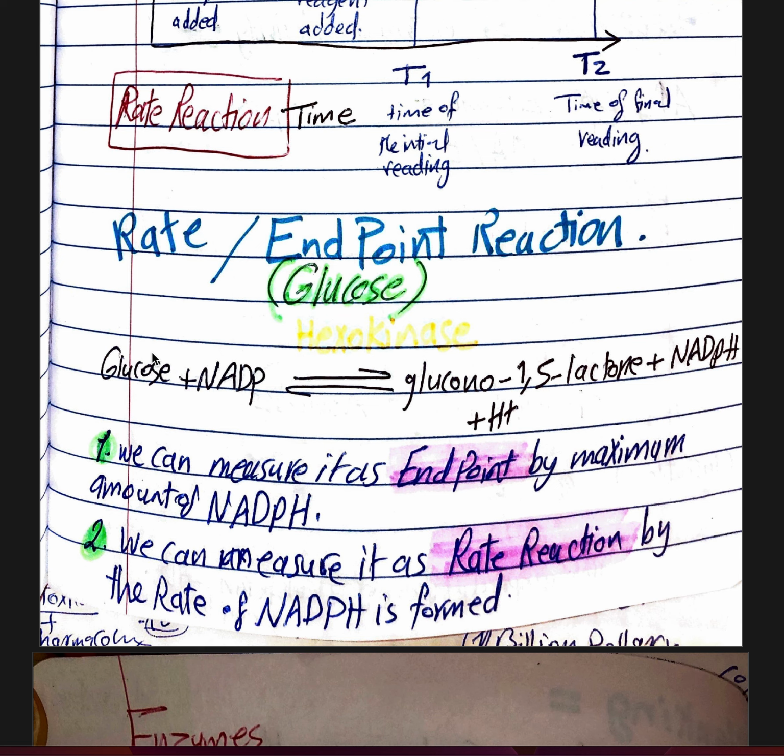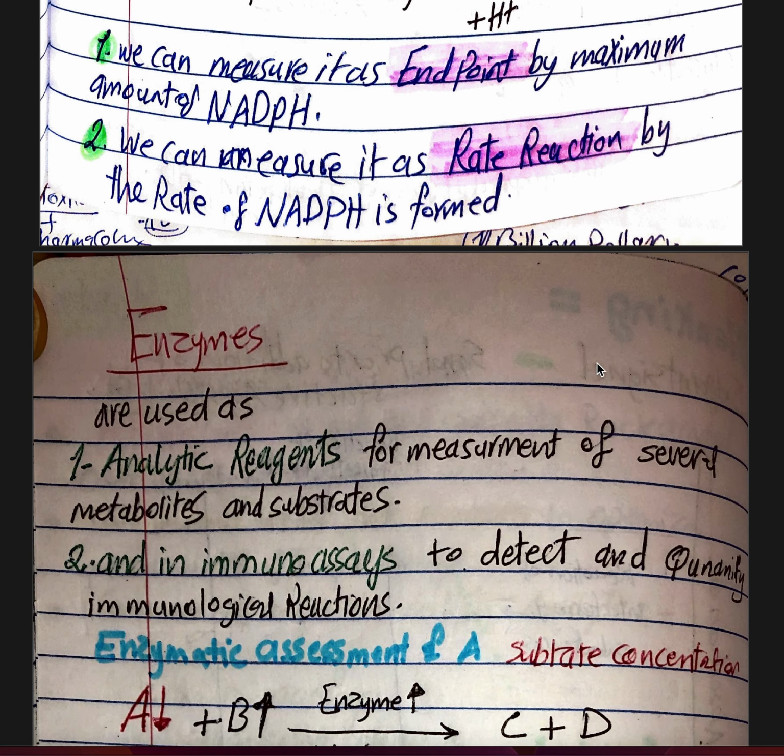Because we have the glucose, we have NADP positive, and we add the enzyme called hexokinase to form glucono-1,5-lactone plus NADPH plus H. So we measure the amount of NADPH as an endpoint reaction, and the same way we can measure the rate reaction at the same time.